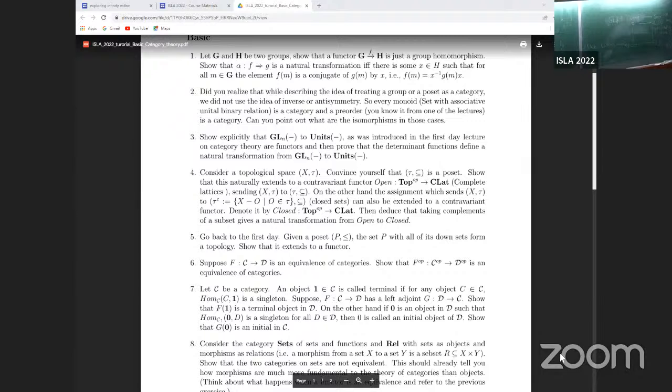Okay, so what is difficult in this question? Did you understand the concept of opposite category? Yes. Okay, so in that case, can you define what is capital F op? Capital F.